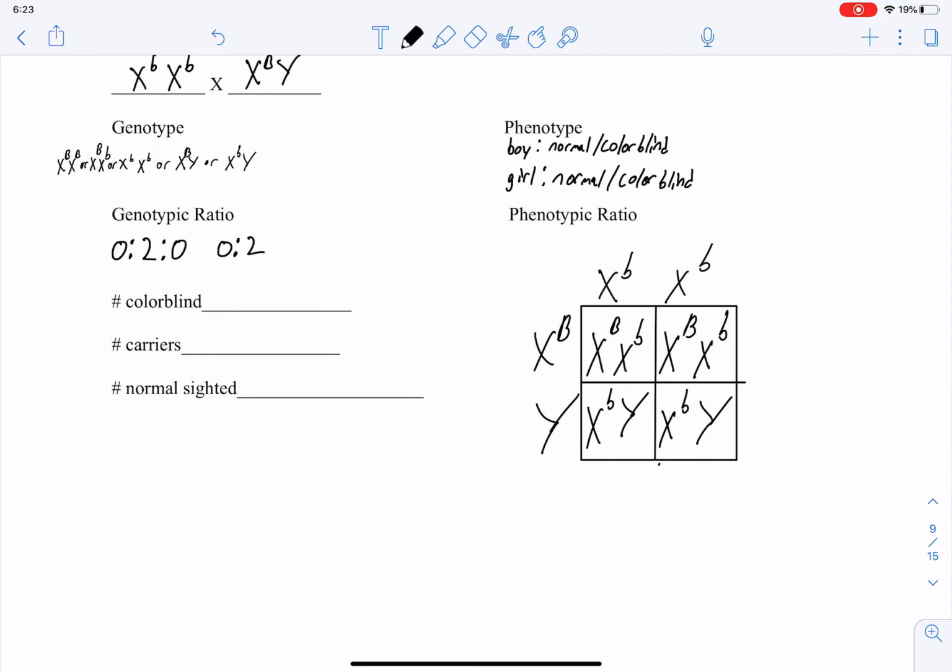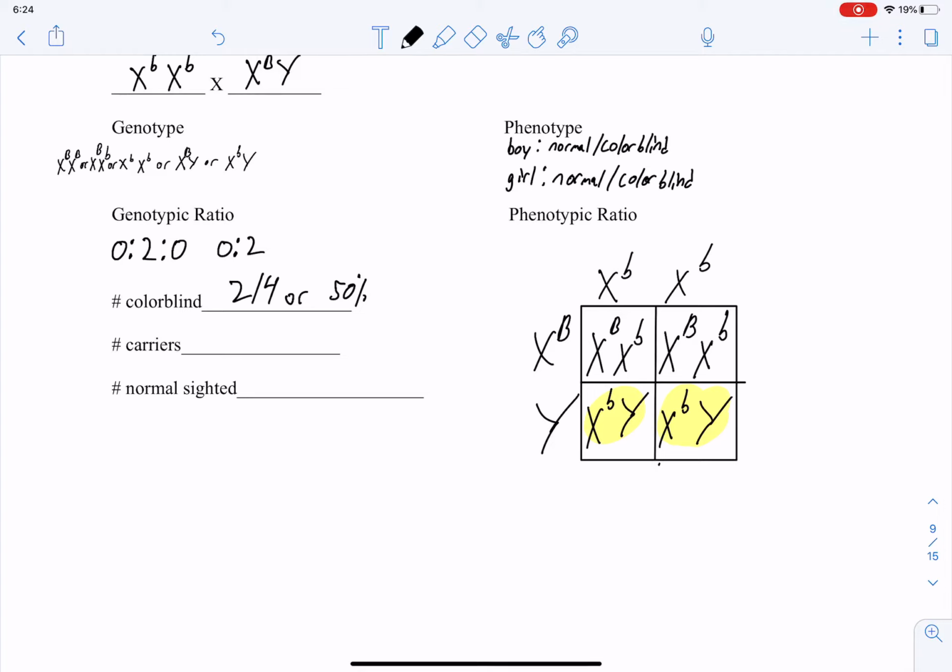So the number of colorblind individuals, we have 2. Right, we have this one and this one. Both sons would be 100% chance that they are colorblind. So we say 2. We could also make this a percentage, 2 out of 4, or 50%. If we're just talking about males, though, that male would have a 100% chance of being colorblind.